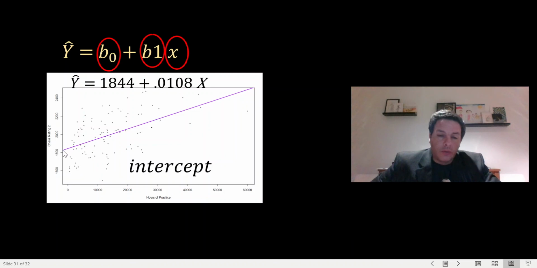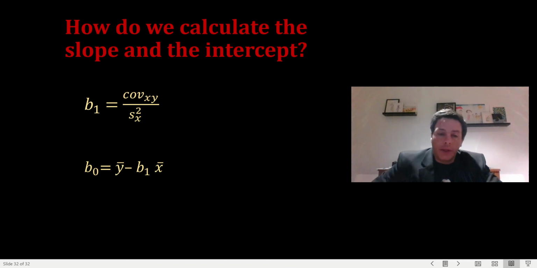The value where the line intersects the y-axis at the value of 0 of the x-axis, that's the intercept. And in this case it is 1,844. And the amount of increase in the y variable as a function of one unit of increase in the x variable, that's the slope. The way we calculate B1 and B0: for B1, we have to obtain the covariance of x and y, and then we divide that by the variance of x.